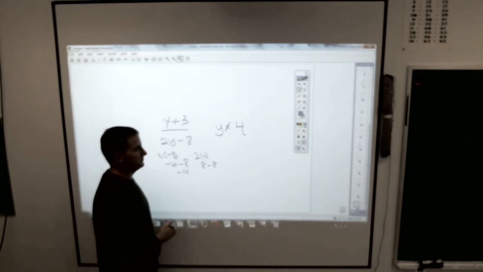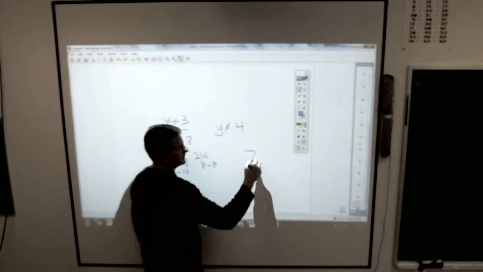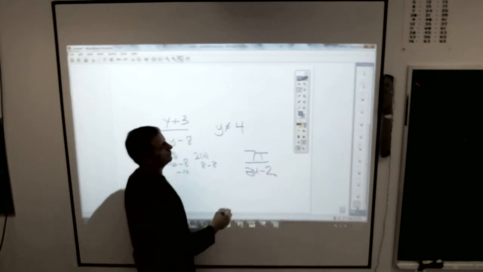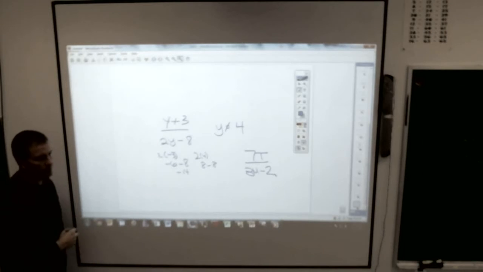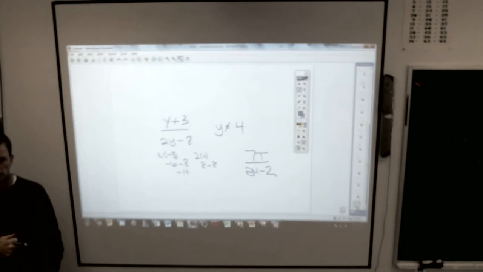How about this one? I'm gonna just pick a random one. What about in this case? 7t over 3m minus 2. What can m not be? I like the quizzical look stuff.